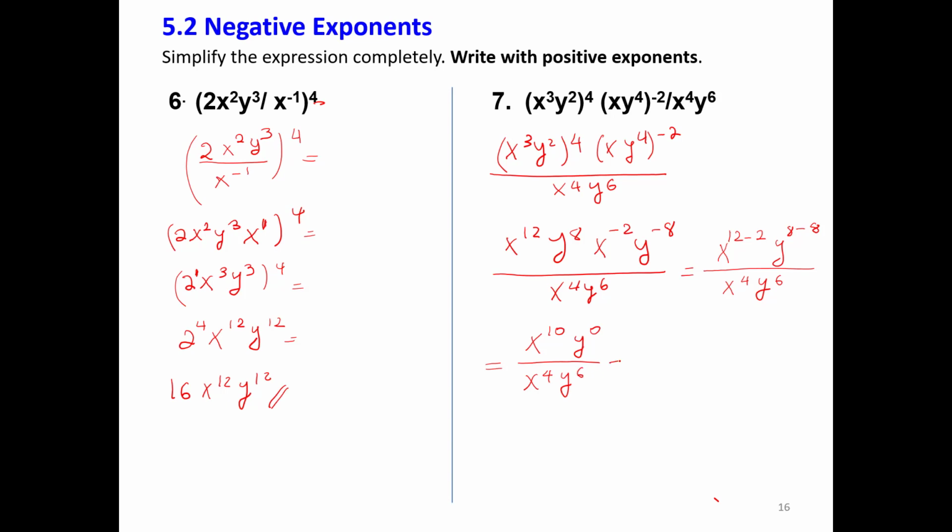But we know any number, any variable to the 0 power equals 1. Then we have x to the 10 times 1, x to the 10 power.